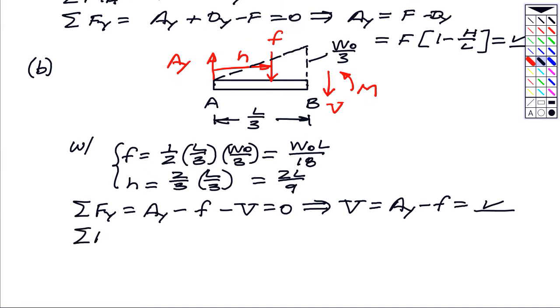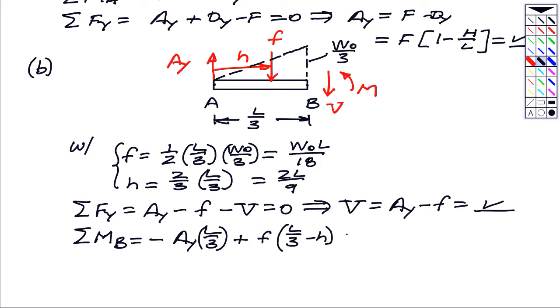Lastly, I'll do a moment equation. I'm going to do this about point B. Summation of moments about B gives me an AY. It has a moment arm of L over 3. It's in the negative K. The applied force f has a moment arm of L over 3 minus h.